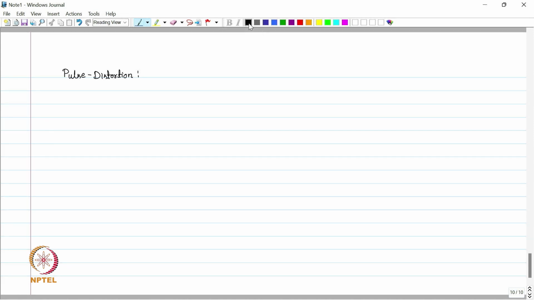So first I apply an input, which is V in here. This is the input I apply, and the output will rise like this, which is an exponential curve.